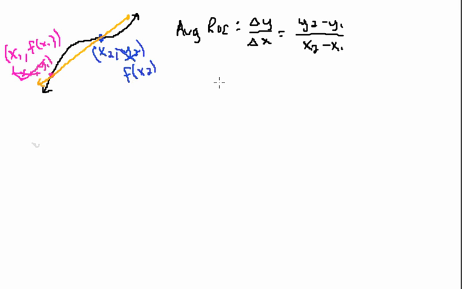And so our average rate of change, the slope of this secant line, is going to be f of x2 minus f of x1, all over x2 minus x1.